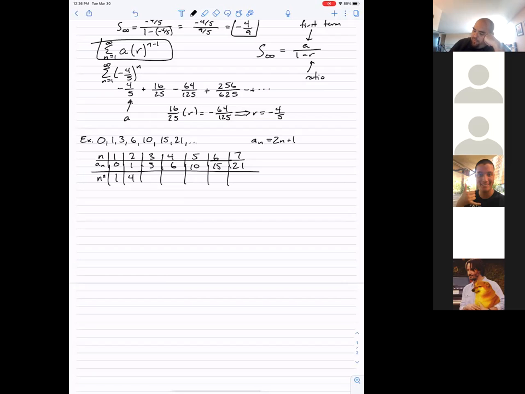So 1, 4, 9, 16, 25, 36, 49. Can take the difference of them and can divide the one by the other to see if another pattern pops out. I think we actually are going to have everything we need here.